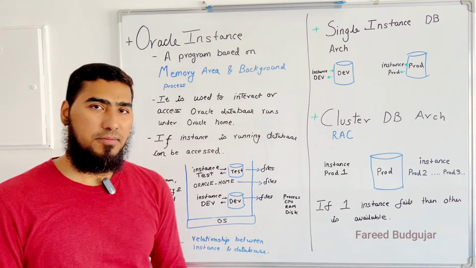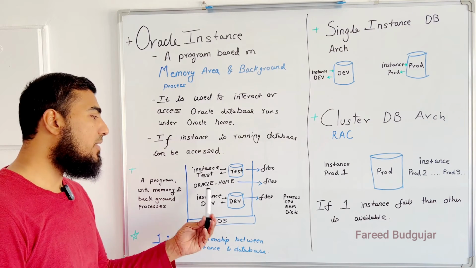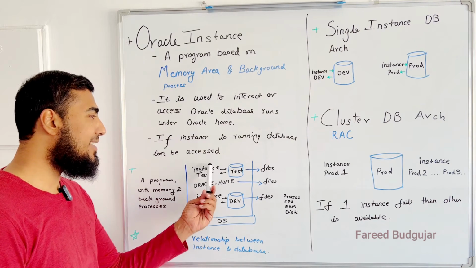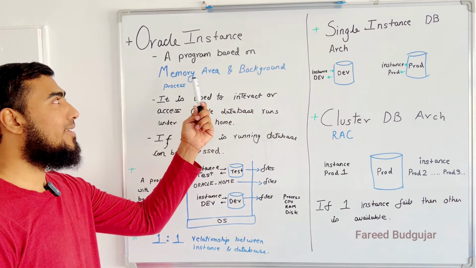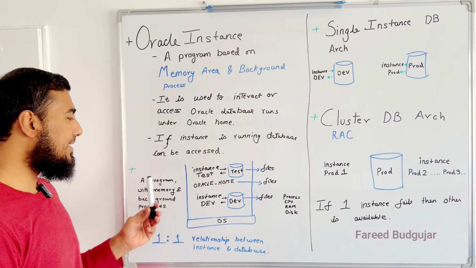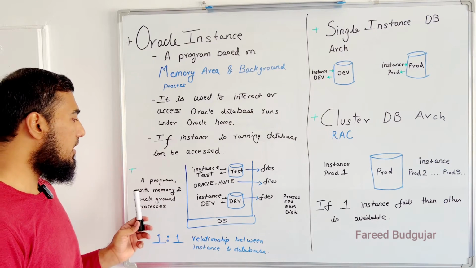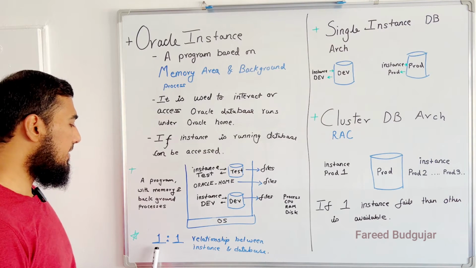Till here it's clear. But we also have instance. We have an instance of dev running, we have an instance of test running. From this, we understood what is instance. It's a memory area and background processes. So the instance is a program with memory and background processes. Alright. This is very important.